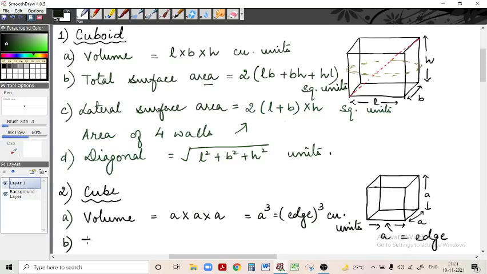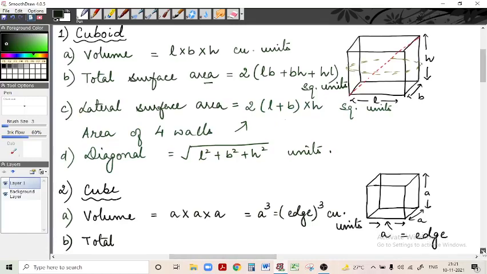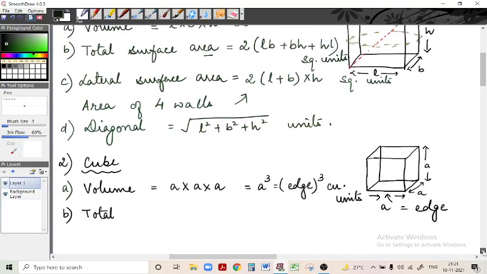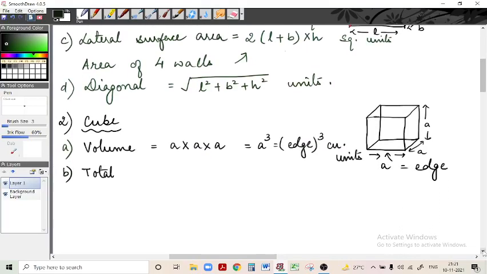Then comes the total surface area. It is twice of, see, length, breadth.